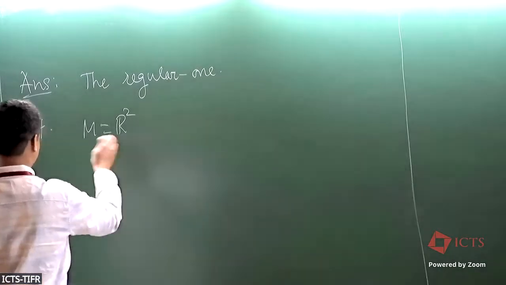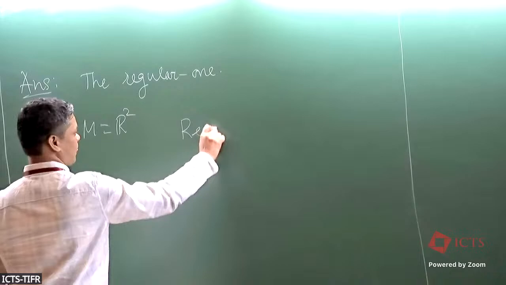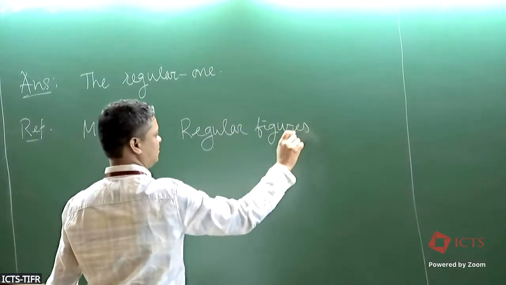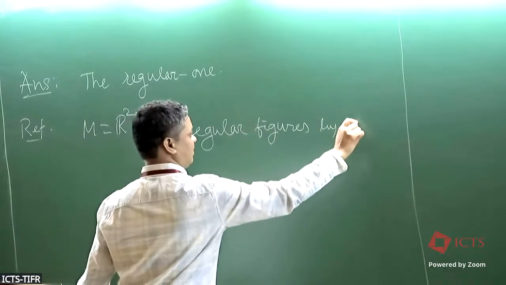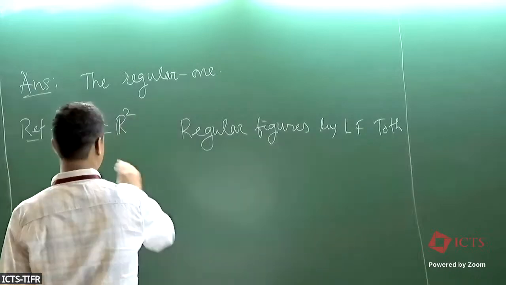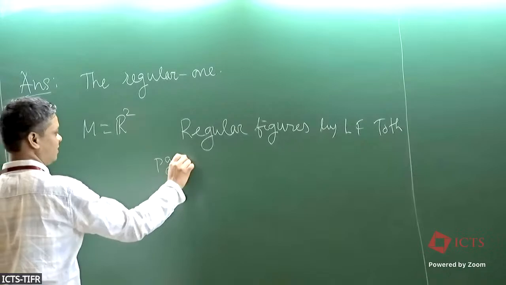A reference can be found in Regular Figures by L. Fejes Tóth. For the Euclidean case, you can find the proof on page 160.